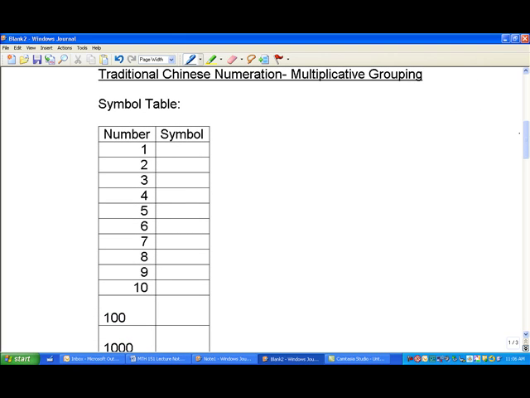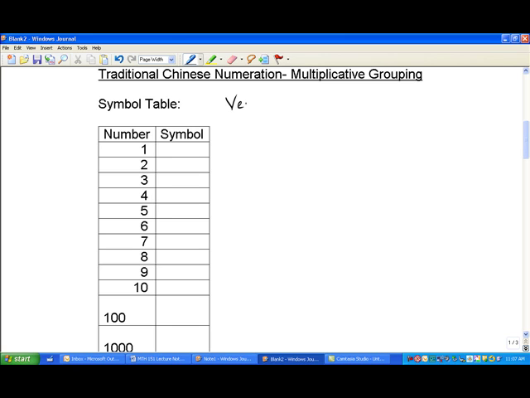Now, we're improving on the system when we move to the traditional Chinese system. This uses what is called multiplicative grouping, and it is improved because you have a symbol for a multiplier and then a symbol for a power of 10. So it actually does save you a little bit of time.